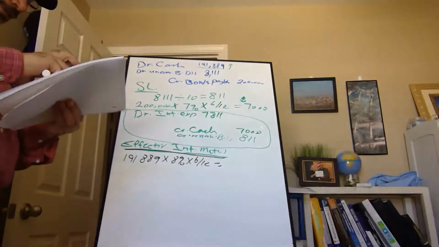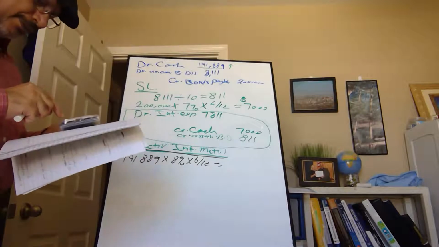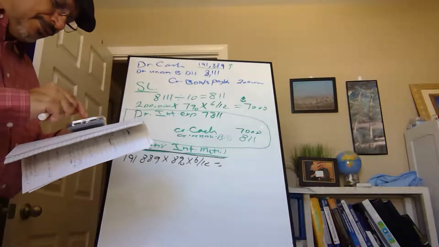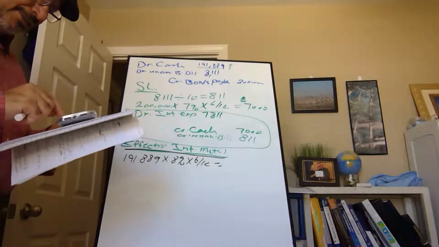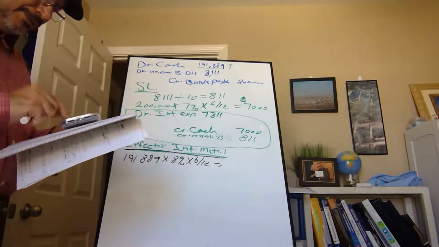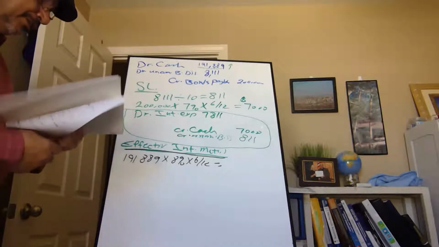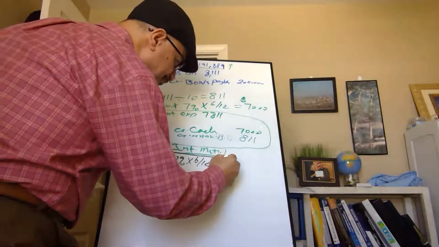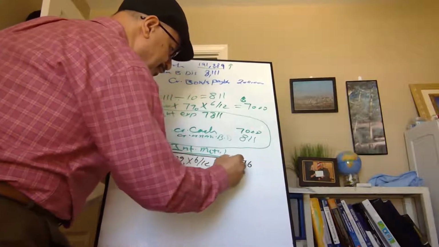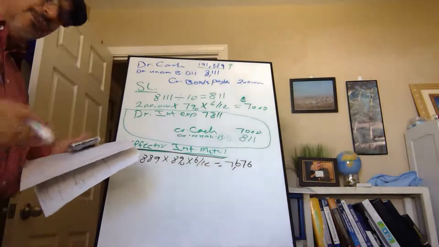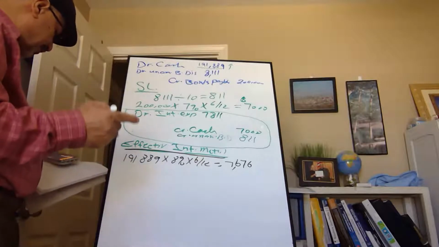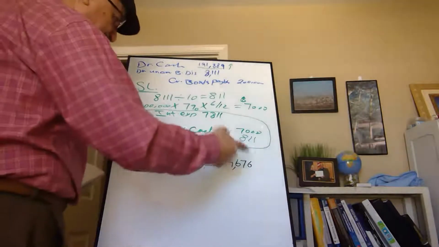There is nothing wrong with that. 191,889 times 8% times 6 divided by 12 is actually 7,675.56, but we'll just say 7,676.